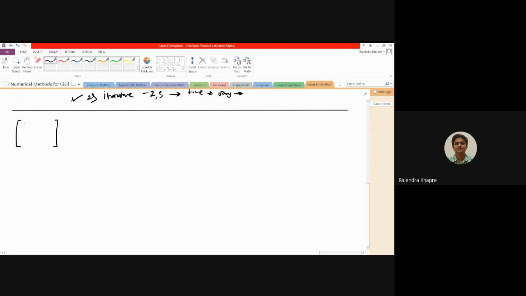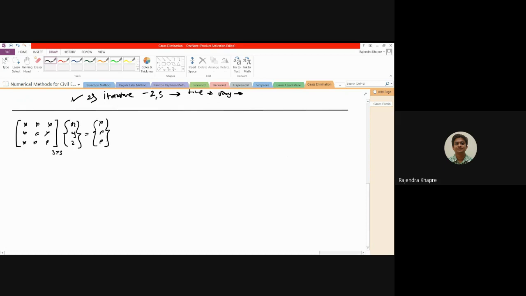So this is one value, this is the second value, the third value. There can be any values. Then you have unknowns, let us say x, y and z. And then you also have some values over here.